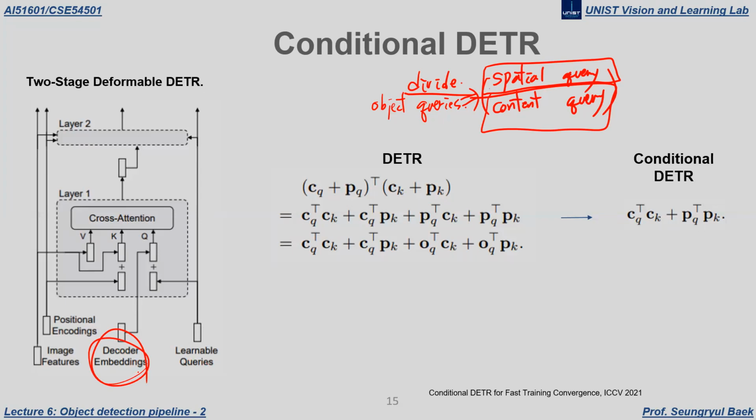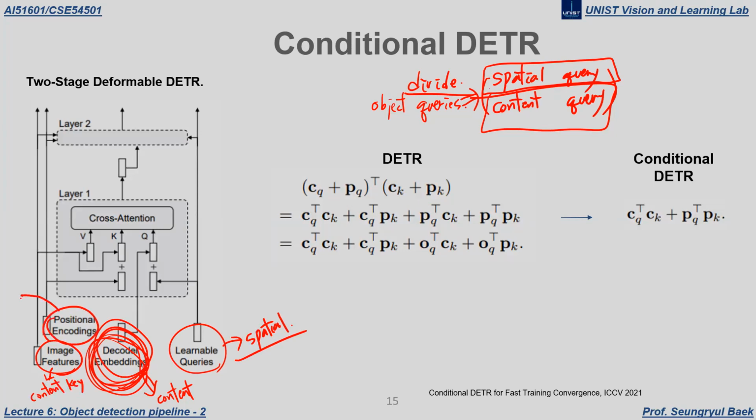Usually, we think of the decoder embeddings obtained from the self-attention of previous object queries as the content query, and the learnable queries as the spatial query. And we think of the encoder output, the improved image feature, as the content key, and the positional encodings as the spatial key.